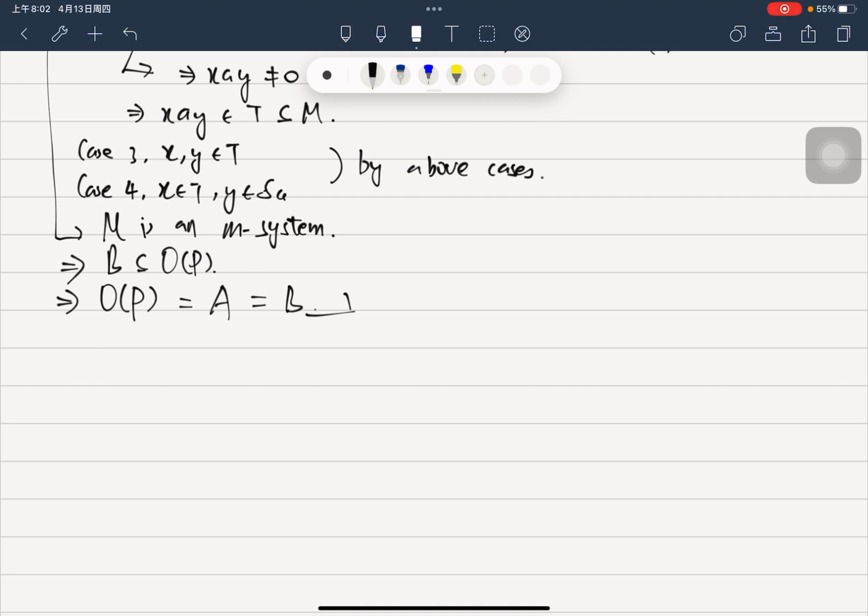First, we want to show that every minimal prime is completely prime. So for any minimal prime, we have this one.